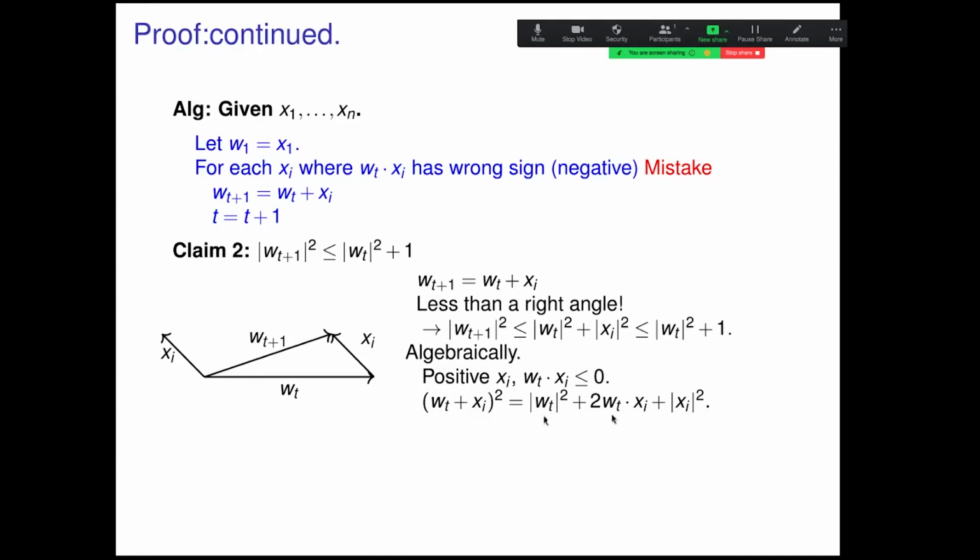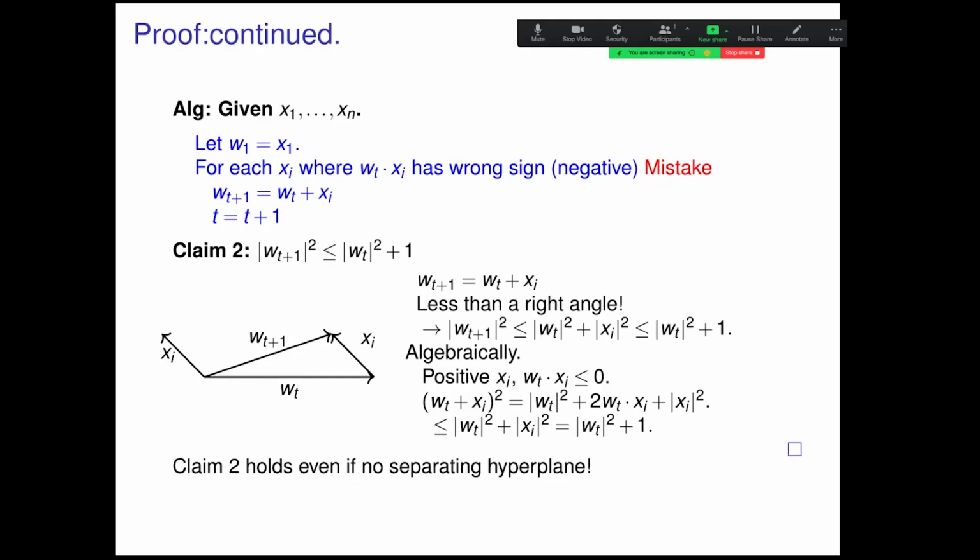You could never think about Pythagoras, or acute or obtuse or anything. This is negative, so this is smaller. Why is it negative? Because it's a mistake. We're only updating when there's a mistake, when wt dot xi is negative. Okay, so now, great.